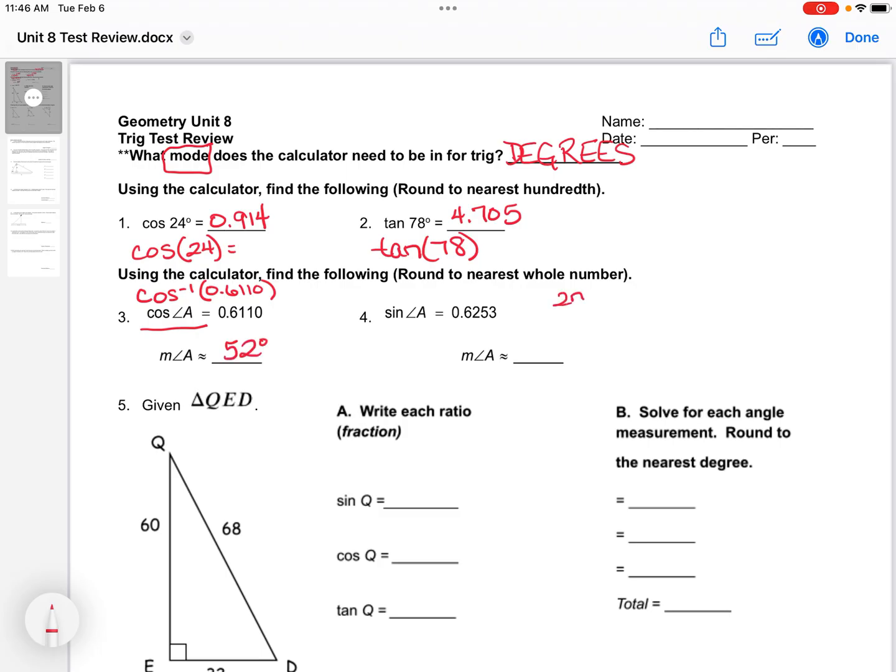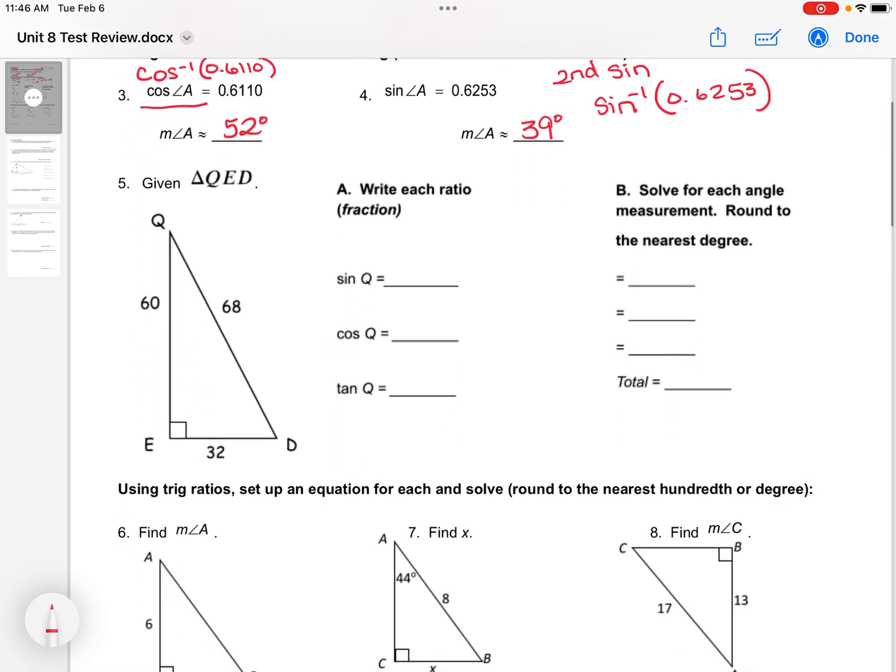I'm going to put in second sin, in case you forgot, which is sin to the negative 1, 0.6253, and you get angle 39. Remember, angles are whole numbers, sides are decimals.